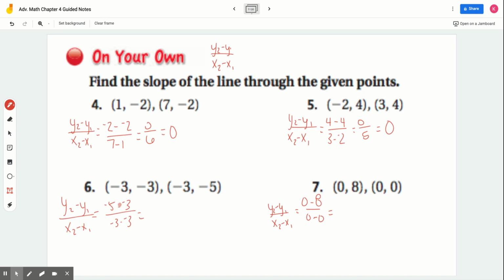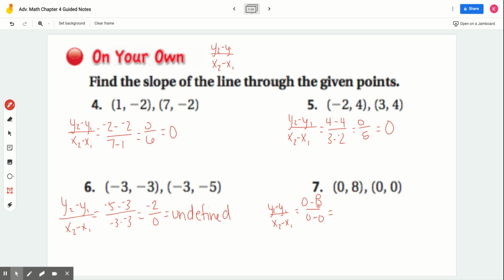Well, -5 plus +3 is -2. -3 minus -3, -3 plus +3 is 0. When the 0 is in the bottom, when it is in the denominator, our slope is considered undefined. Undefined is the word that we use when the 0 is in the denominator.